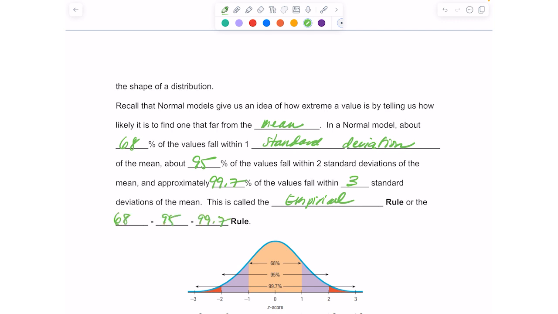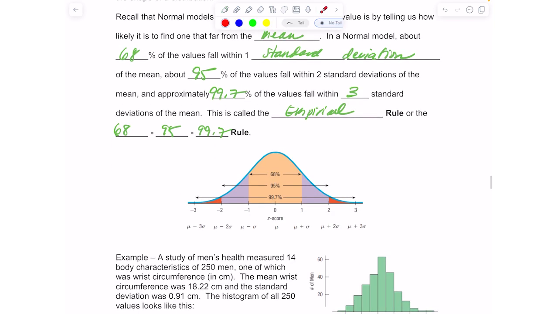And here you can see a picture of the normal model. This is a normal curve. A couple features: the curve actually extends forever in both directions. So it goes towards positive infinity on the right, negative infinity on the left. But after 3 standard deviations, we don't bother continuing to draw the sketch because the area is so small. It's basically 0. In the middle, we have our mean, which remember is 0.